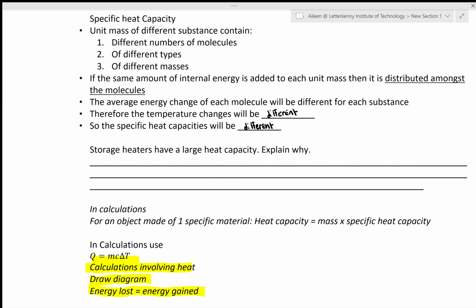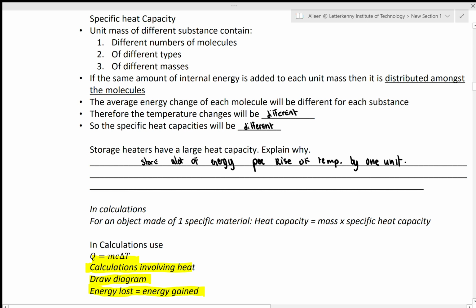Storage heaters have a large heat capacity. Explain why. This means that they can store a lot of energy per rise of unit temperature. So they can store or hold a lot of energy per rise of temperature by 1 unit.